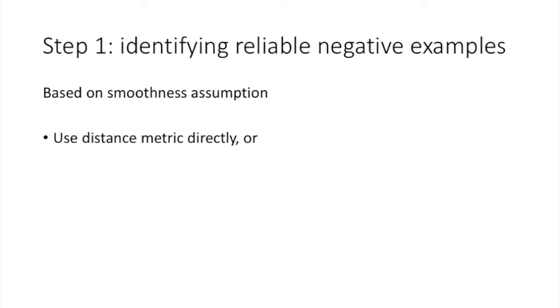Many of the two-step techniques that have been proposed in the past were developed for text. A commonly used distance metric here was the TF-IDF distance, so the term frequency, inverse document frequency. Now, this is specifically a good metric for text, but it might not be useful in other applications.